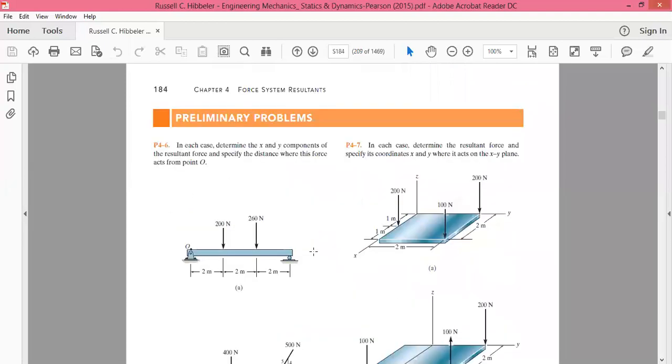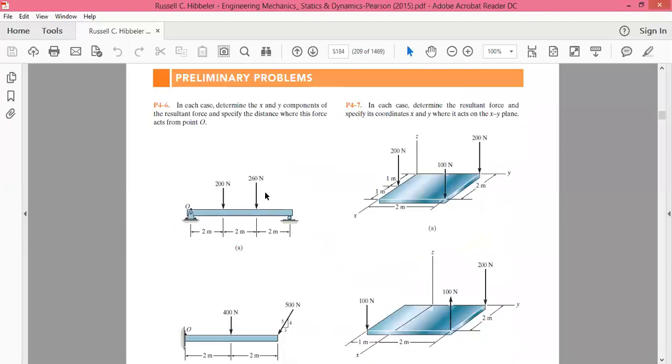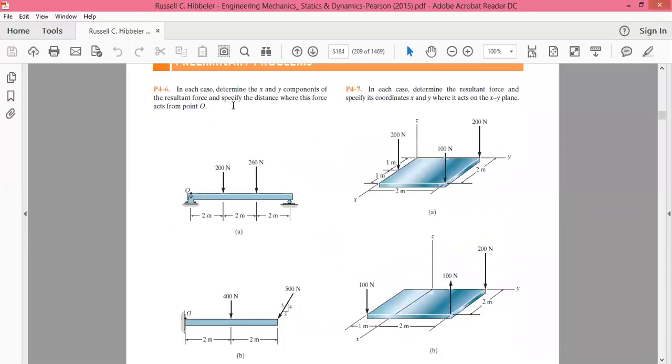As this problem says, in each case, determine the x and y components of the resultant force, and specify the distances where this force acts from point O. So what we will be doing in these questions?